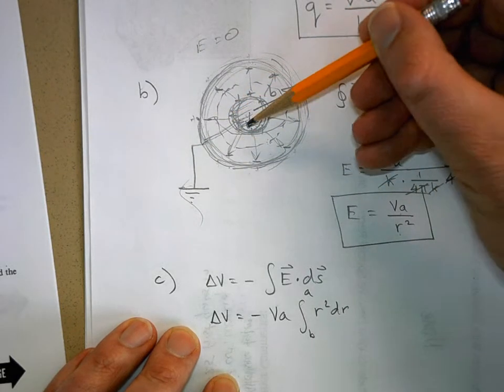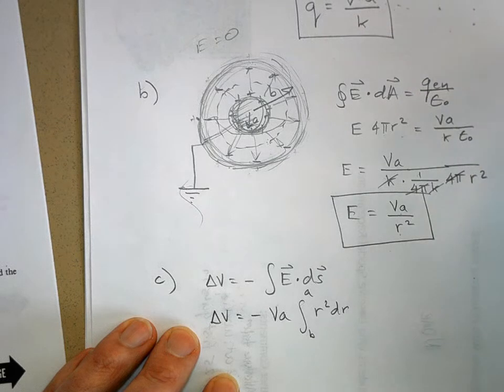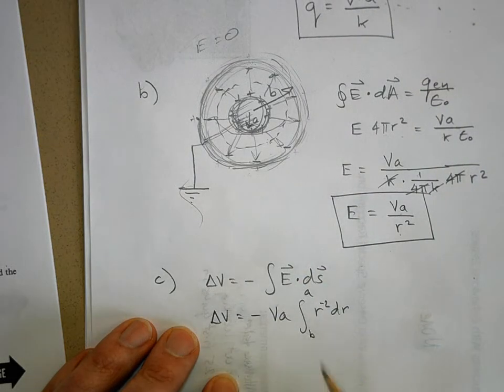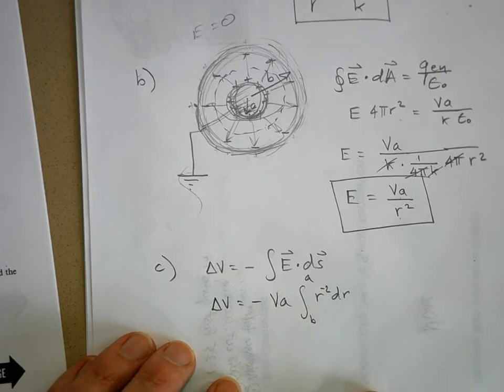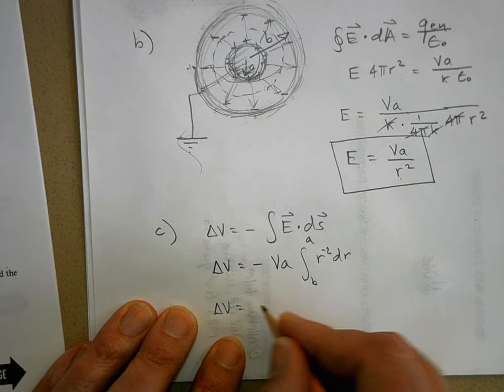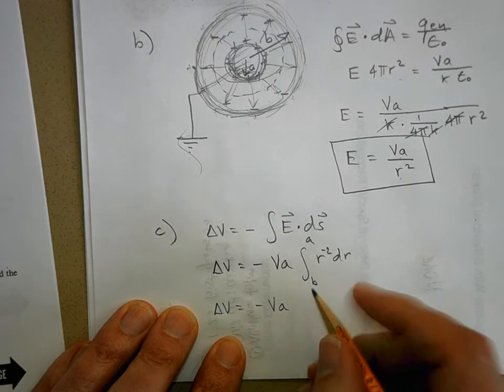Wait, is there 1 over r squared? Oh, this should be a negative 2. Yeah, 1 over r squared, which is r to the negative 2. Thank you. Okay, so now delta V is equal to negative VA, and then what do you got?